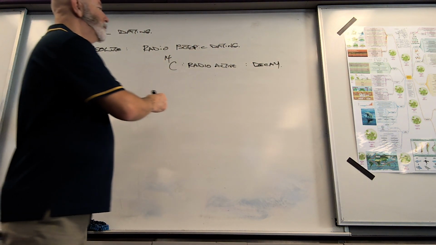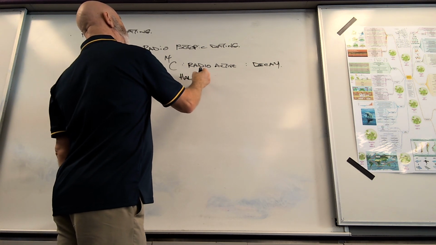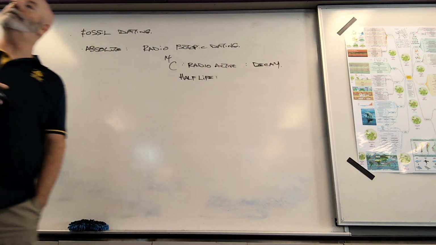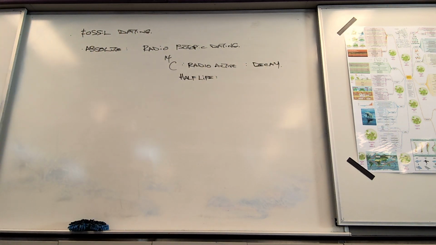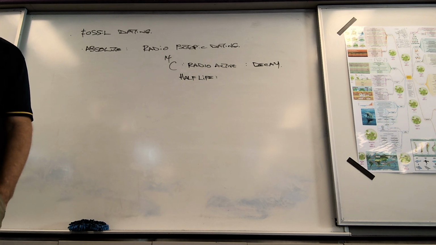So we come across the idea of a half-life. Decay means break down. The carbon-14 will break down. So over time, there's less and less carbon-14. How can we define half-life?